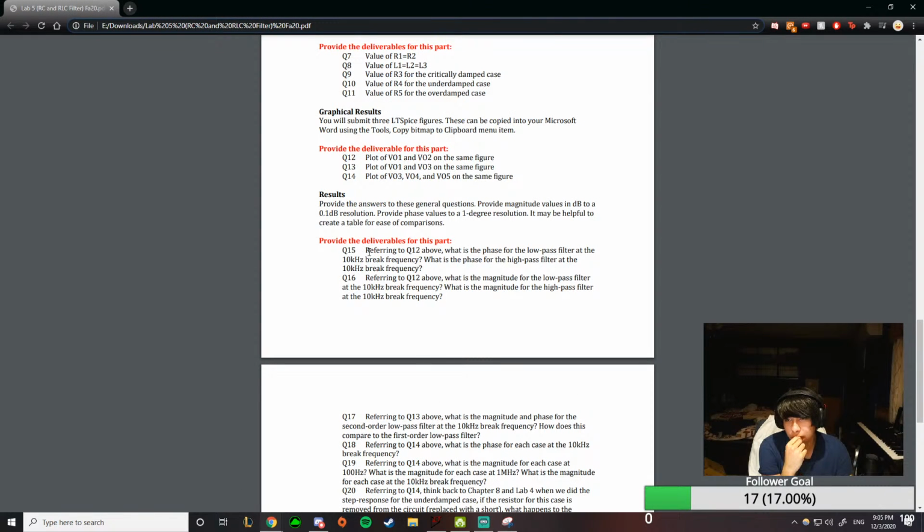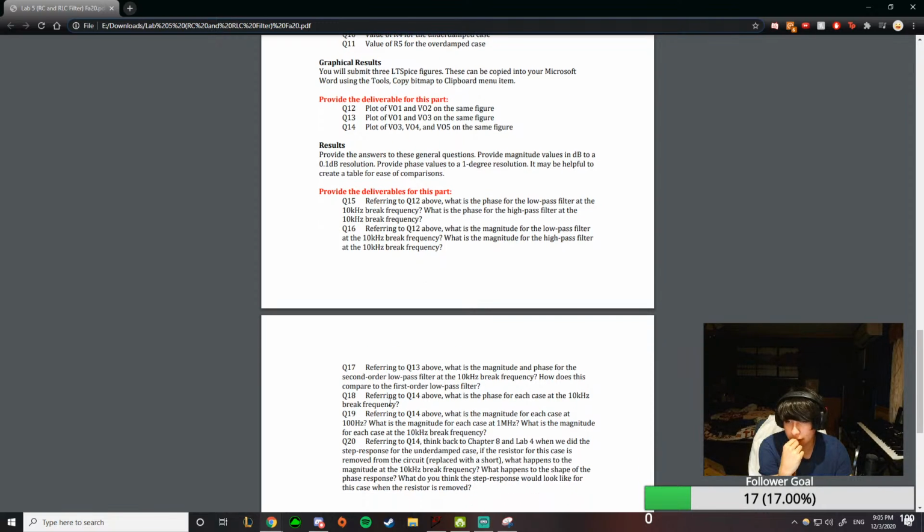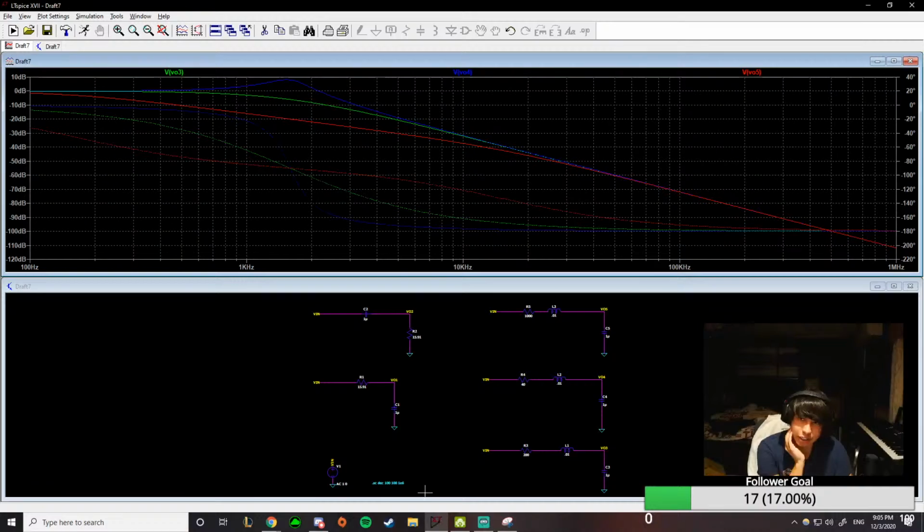Referring to question 14 about what is the phase for each case at 10 kHz break frequency? Okay. What is the phase for each case? How am I supposed to figure that out? Is this phase?